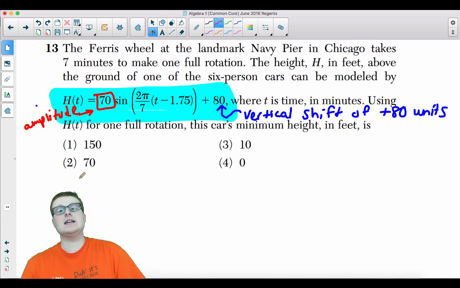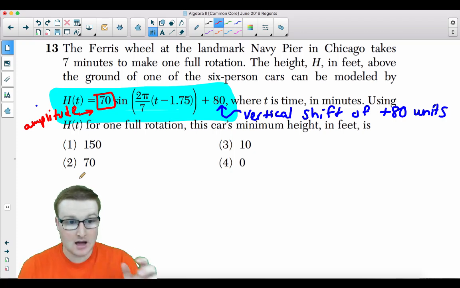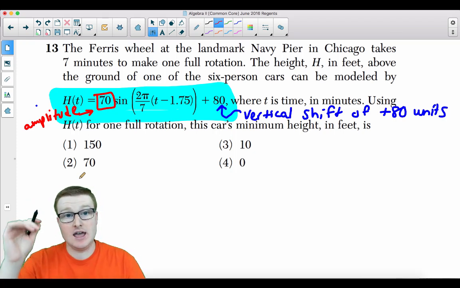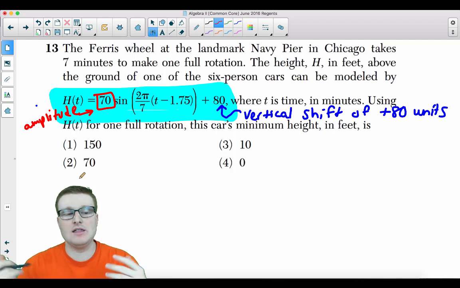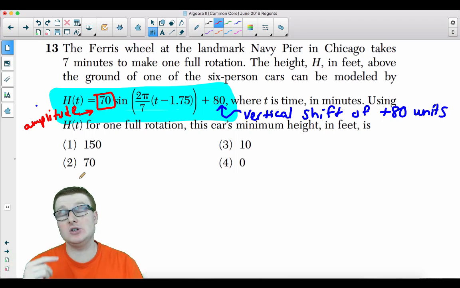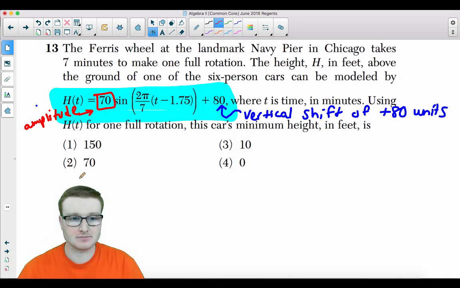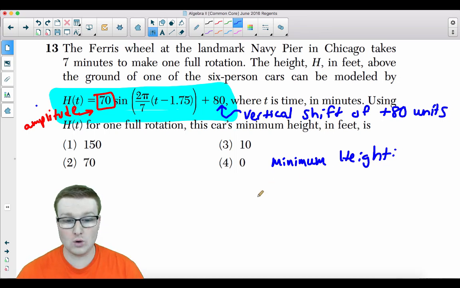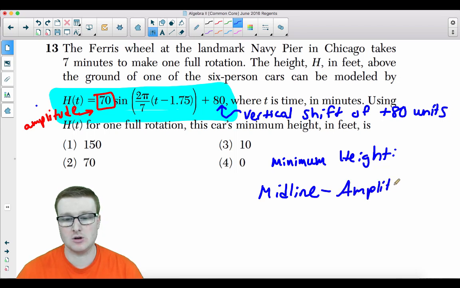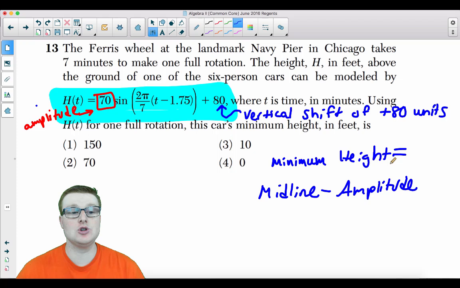The amplitude is simply that you take the entire function and find the midline, and the amplitude is how high that sinusoidal curve goes from the midline, up or down. So to find the minimum height, you're doing the formula midline minus the amplitude.